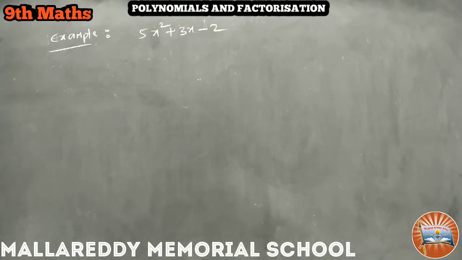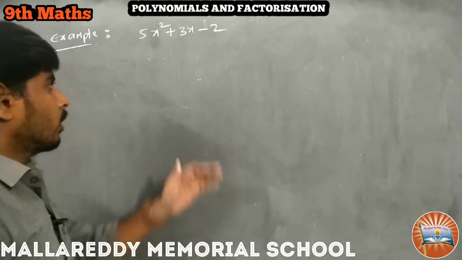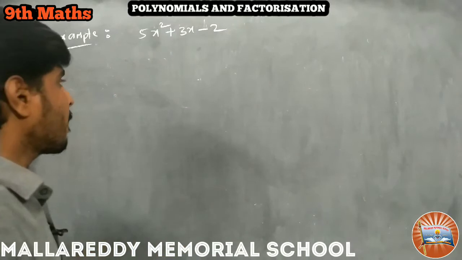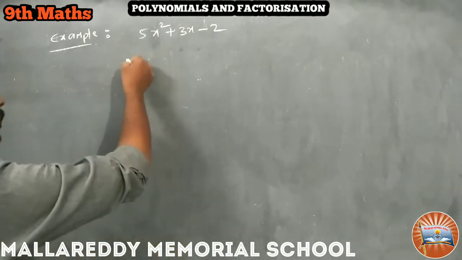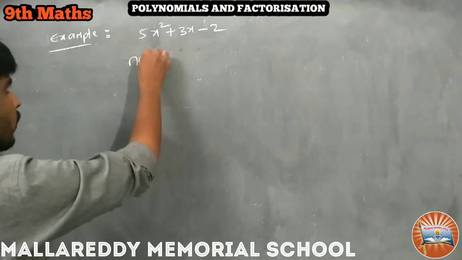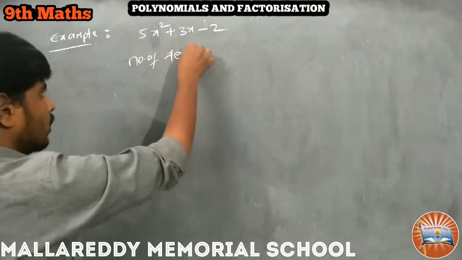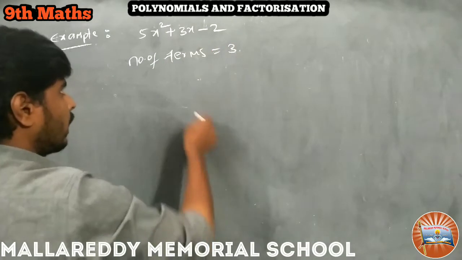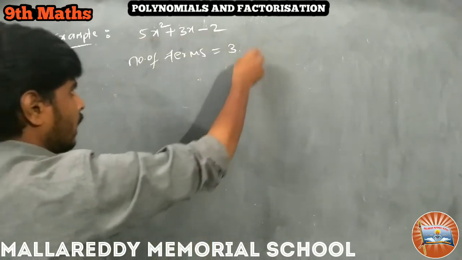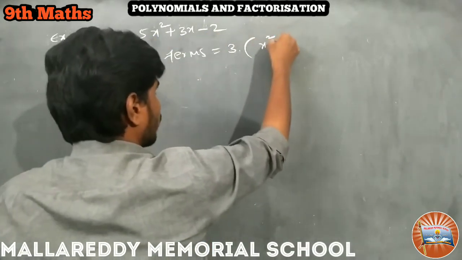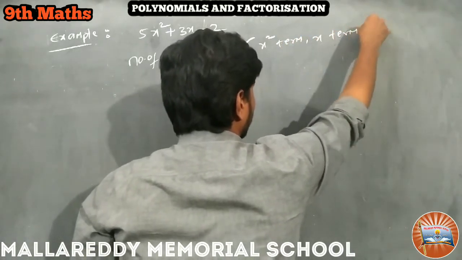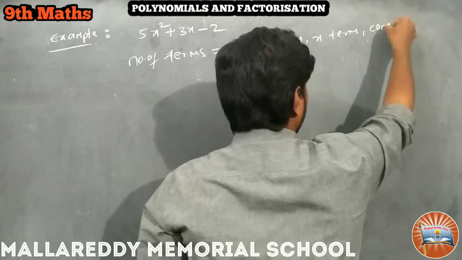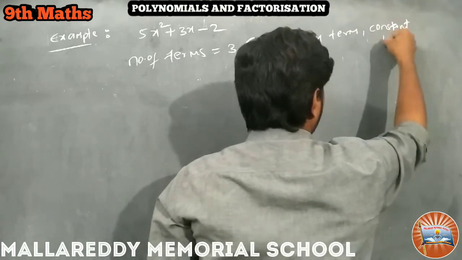Now we shall see one example. We shall discuss this in detail. Here, how many terms are present? The number of terms is 3: 1, 2, 3. They are the x square term, the x term and the constant term.